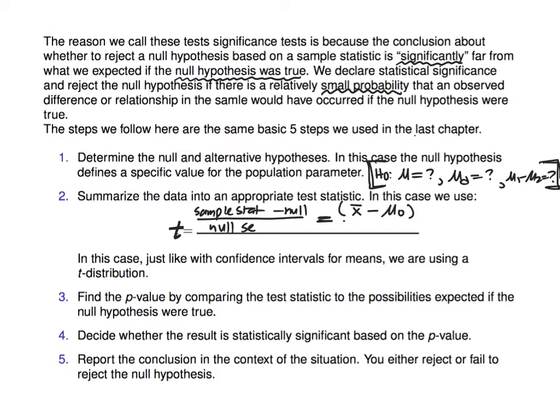And that null standard error would be sigma over root n, but you don't really know the actual true standard deviation, so this is s over root n, where s is equal to the sample standard deviation.